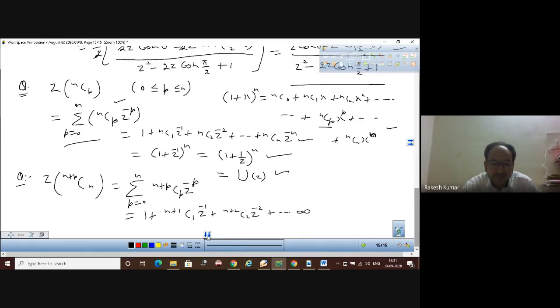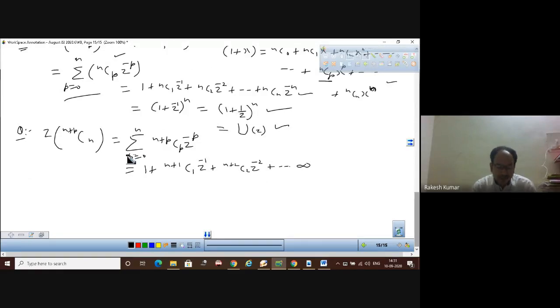Now the terms can be solved here. That will be 1 plus (n+1)C1, which is (n+1) into Z inverse. (n+2)C2 means (n+2) into (n+1) upon 2 factorial, and that will be Z power minus 2.